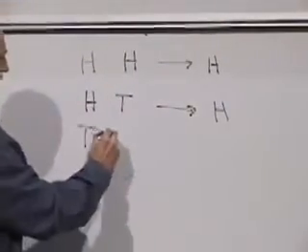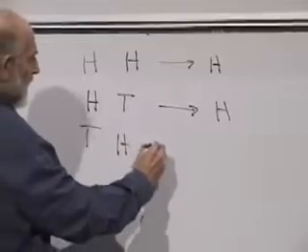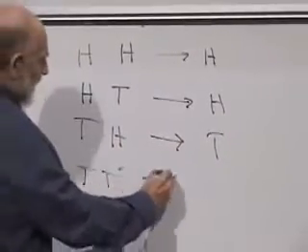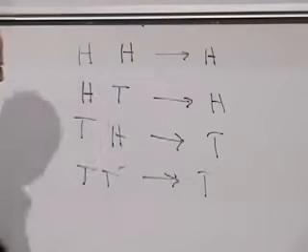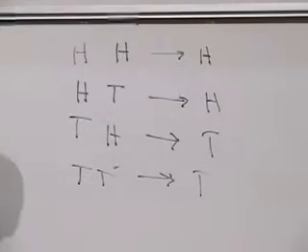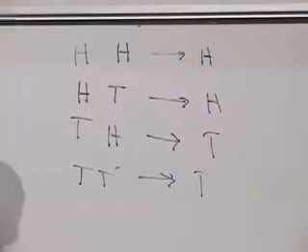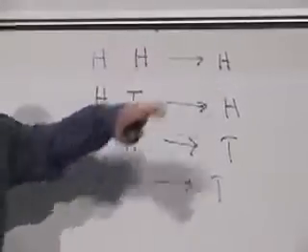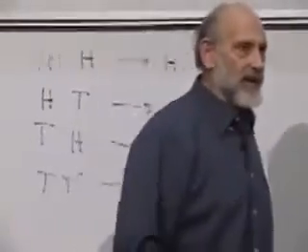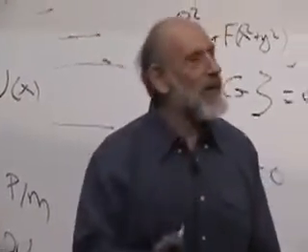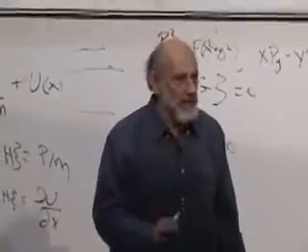If the last two were heads, tails, heads, then it goes to tails. And if the last two were tails, tails, then it goes to tails. I think that's a possible law. Then you would say, I can't tell from the fact that it's heads where it goes next. And indeed, I can't. But that would just be another way of saying that a specification of a heads by itself is not what you would call a state.